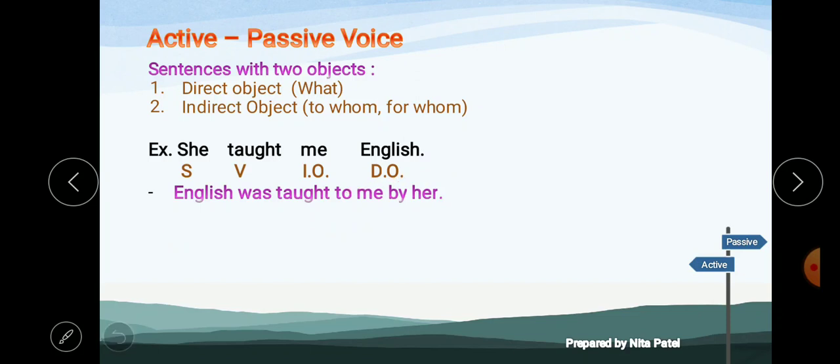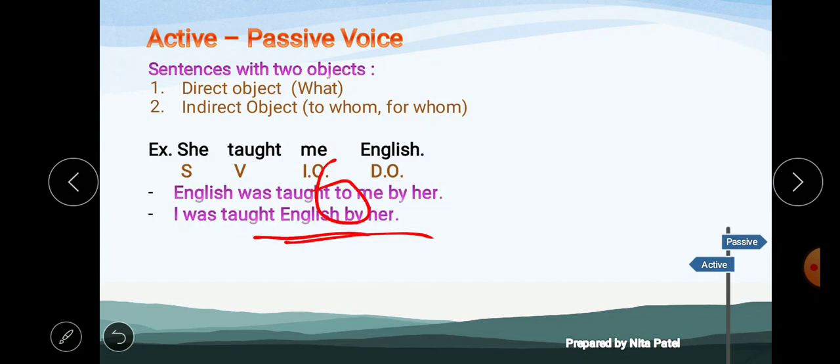Now if you want to put this indirect object as your subject, then me will become I. So I was taught English by her. Okay, so it is a bit easier for you. You don't have to memorize that you have to put to. Both are right.